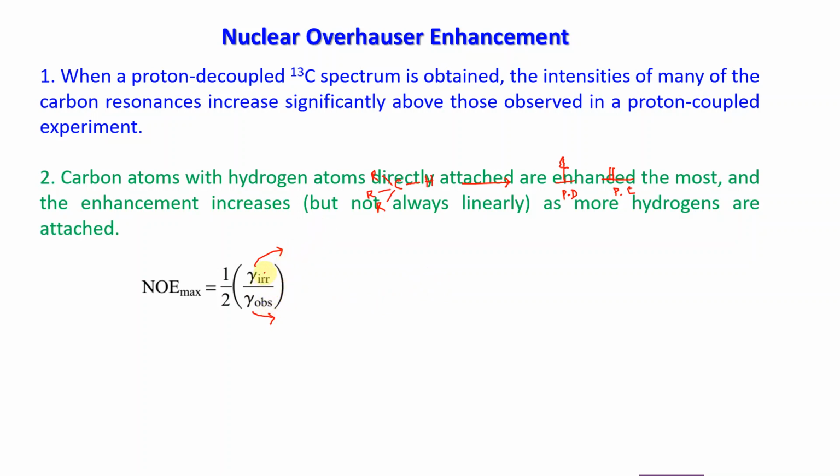In the proton decoupled spectrum, how are we actually doing the NMR? If you recall my previous semester lecture, how do we do the proton decoupled spectrum? Can anybody highlight it, or have you forgotten? Can anybody recall, or should I tell?